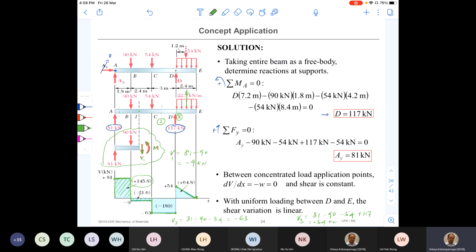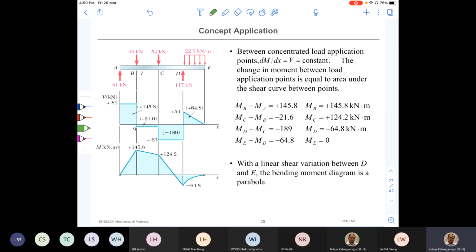And this area is above the x-axis, therefore we take it as positive area. Okay, and the area below here is minus 9 into 2.4, this is minus 21.6, and we take this as a negative area below the x-axis, therefore negative 21.6. So likewise, we can keep on calculating the area. The calculated areas are given in the brackets. Okay, let's move to the next slide.